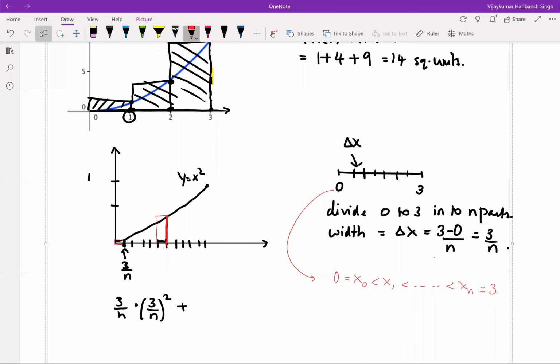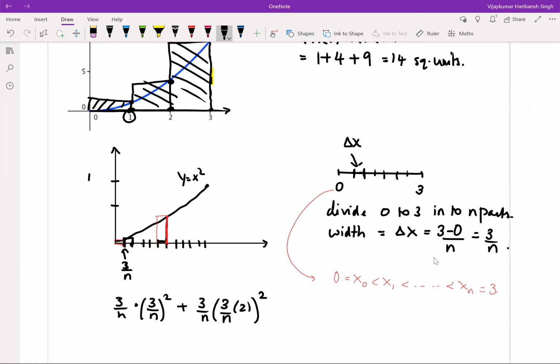So for the next rectangle, the base is going to be fixed, which is 3 by n. And the height is going to be the value of the function at this point. So what is the value of the function at this point? It is going to be 3 by n times 2, the whole square.